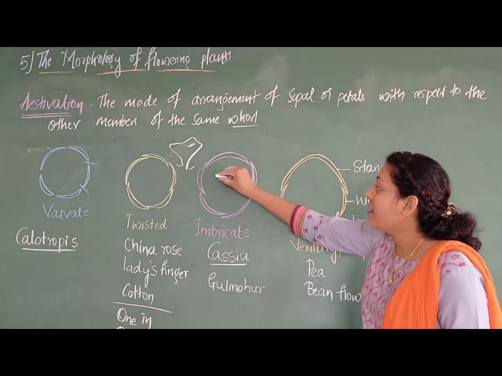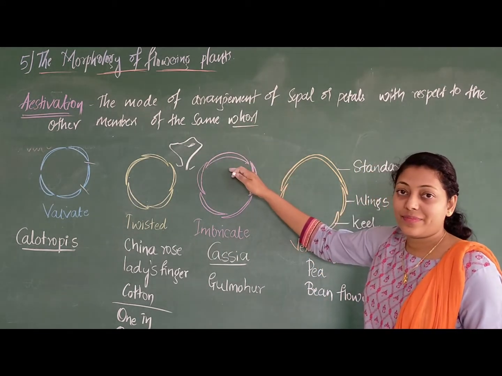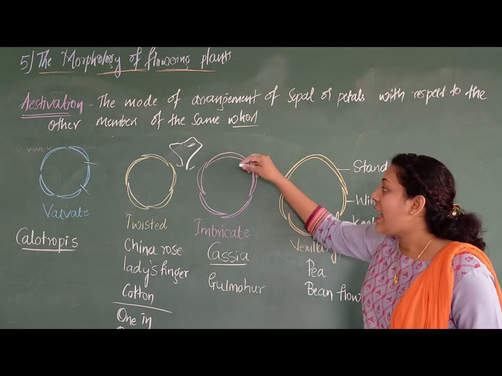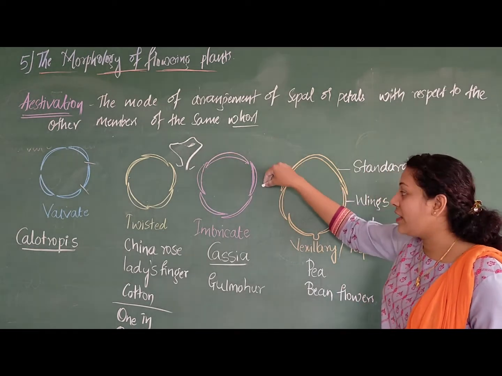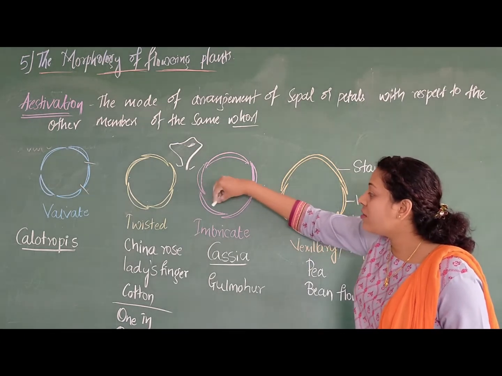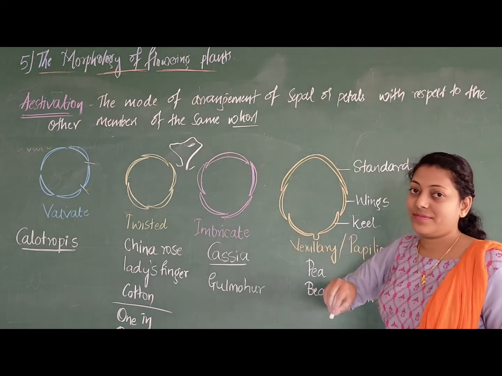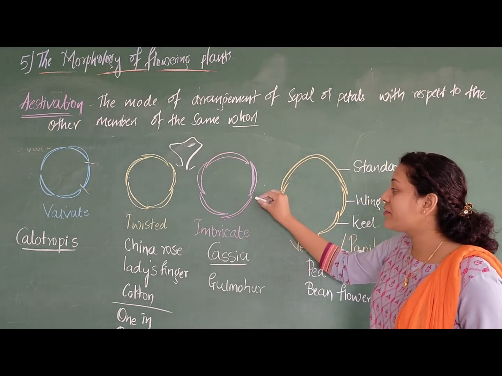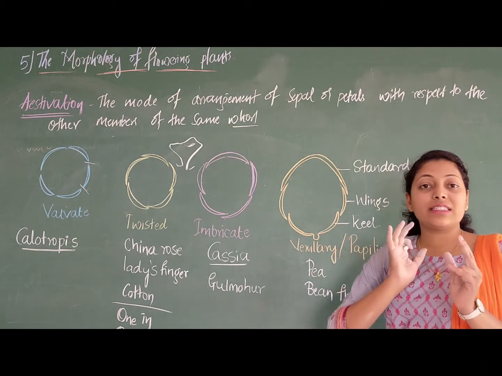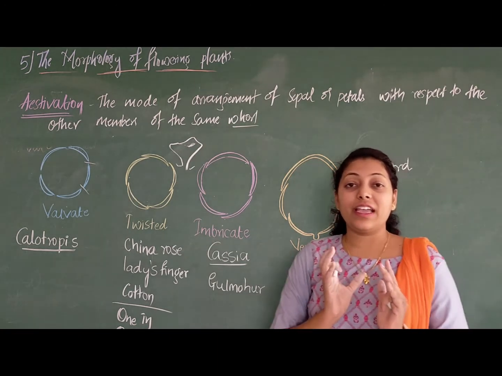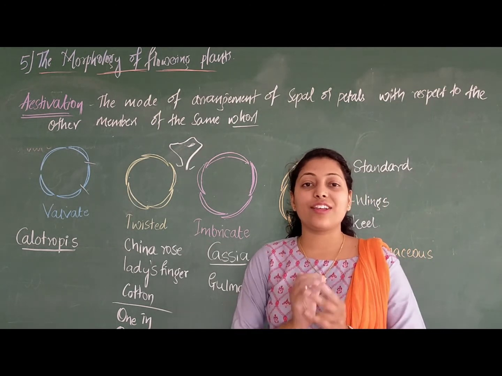Here you can see both ends are in, this is in and in. Then we see one out, one in. Here also one out, one in. But the other sepal is out, in, out, out. Here this sepal is totally out, and this is totally in. So we see overlapping in an irregular manner.